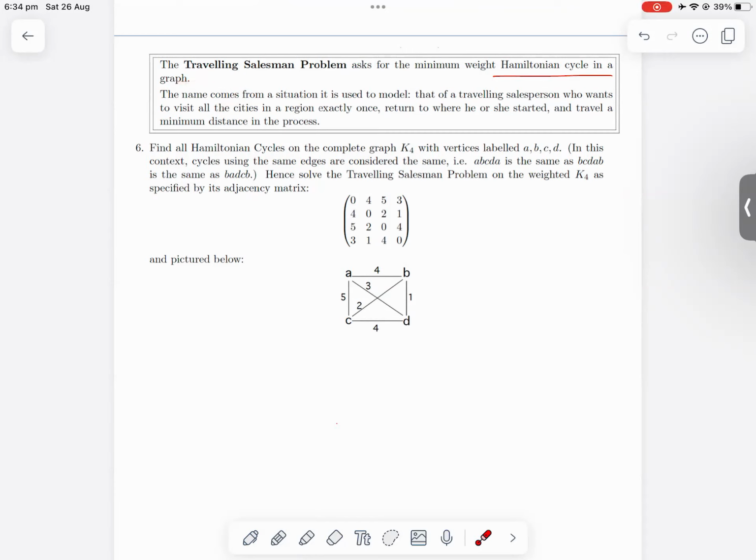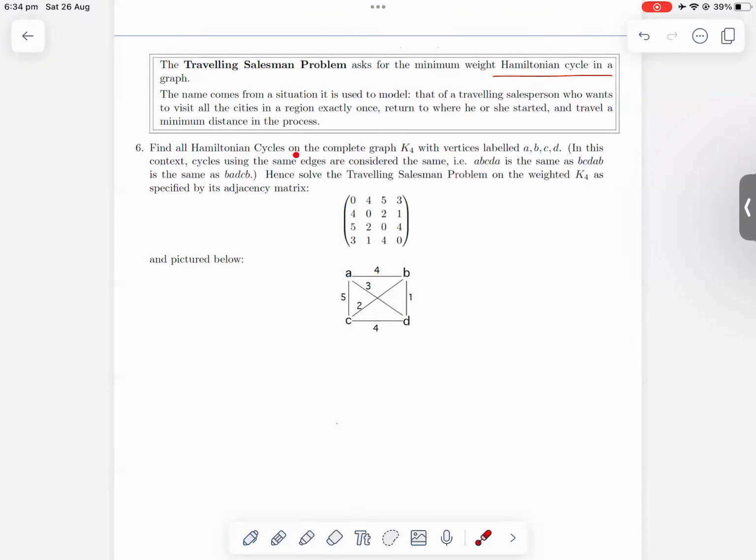Okay, and as for the minimum weight of the Hamiltonian cycle, the traveler will visit every house or vertex, and he or she wants the minimum effort. Okay, so let's have a look at the questions.